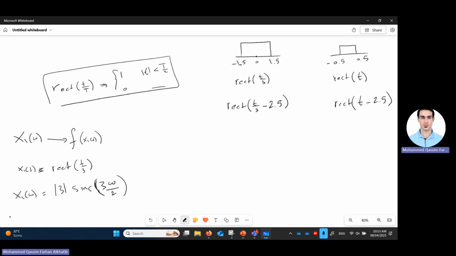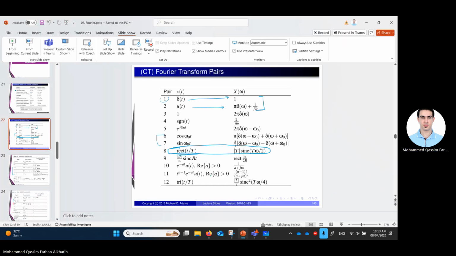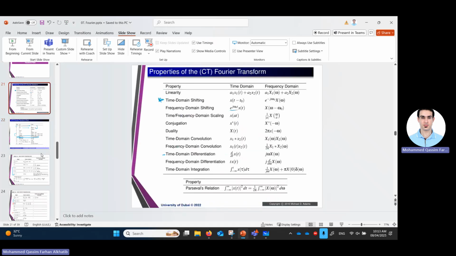Now, after shifting, I have a time shift by how much? 2.5. Let's look for the shifting property. Time domain shifting: x of t minus t naught.